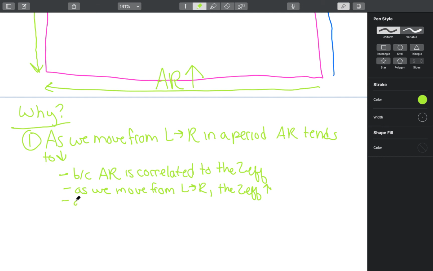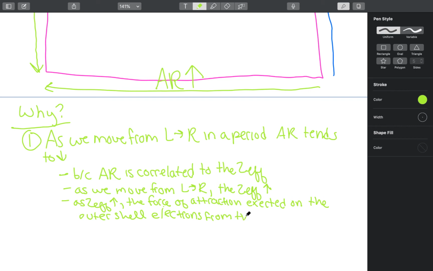And as effective nuclear charge increases, the force of attraction exerted on the outer shell electrons from the nucleus increases as well.